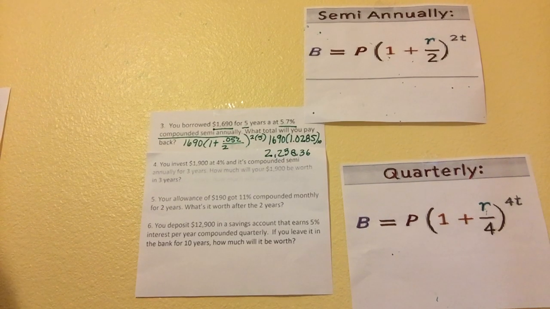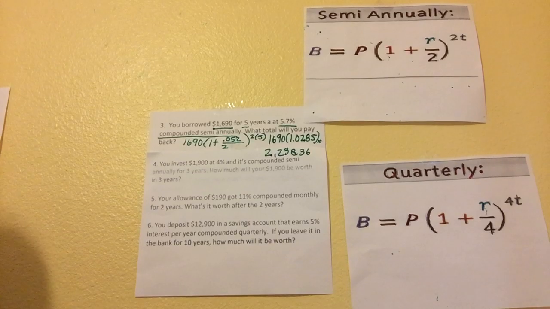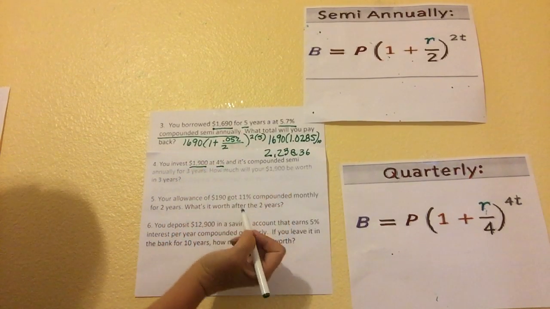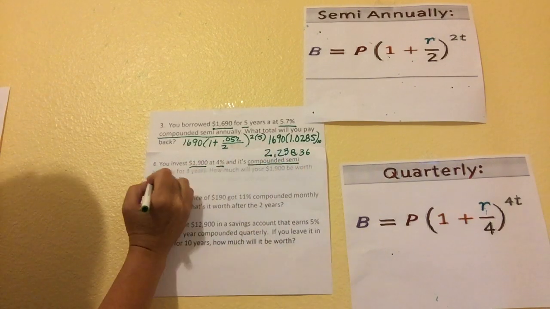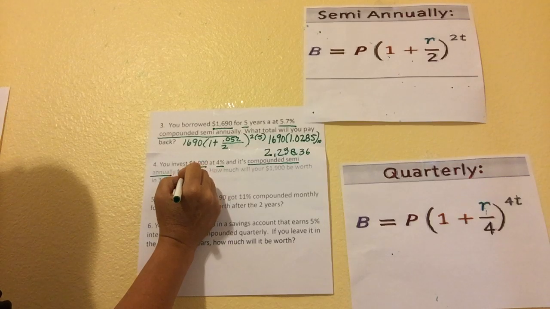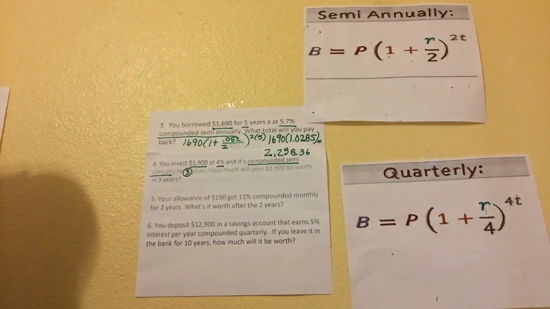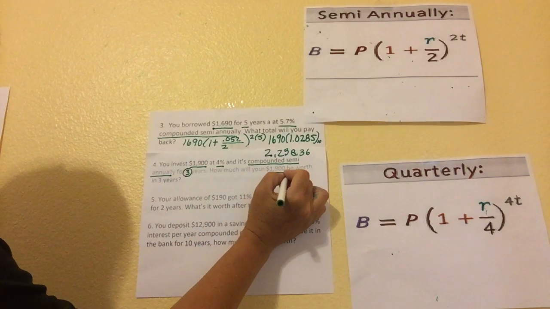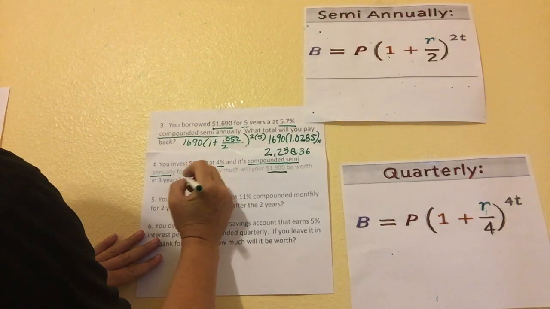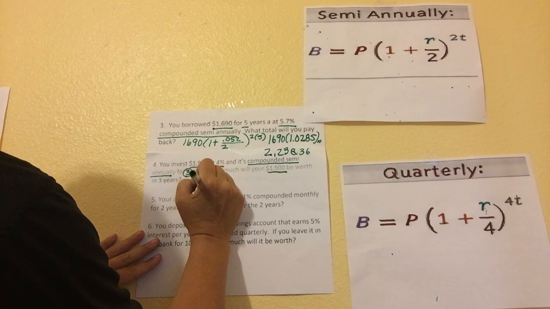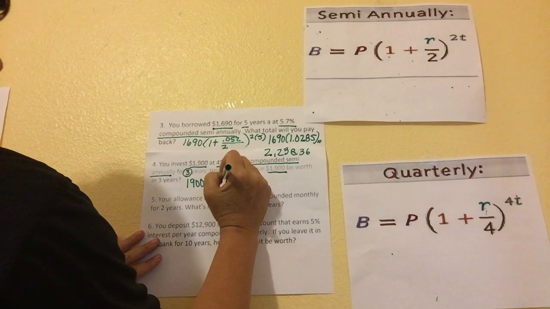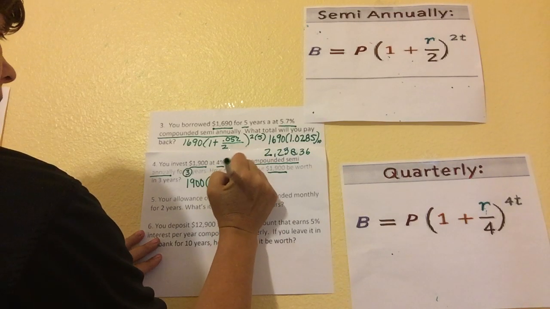All right. For 4, you invest $1,900 at 4%. It's compounded semi-annually. So we're using this one again for 3 years. Okay. How much will your $1,900 be worth in 3 years? So we have 1,900, 1 plus 0.04 over 2.